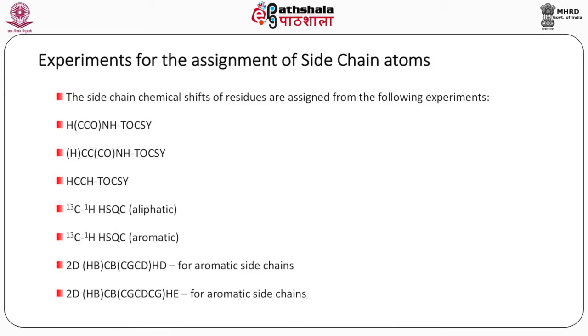Then 2D (HB)CB(CGCD)HD for aromatic side chains, and the same for the HE for aromatic side chains.